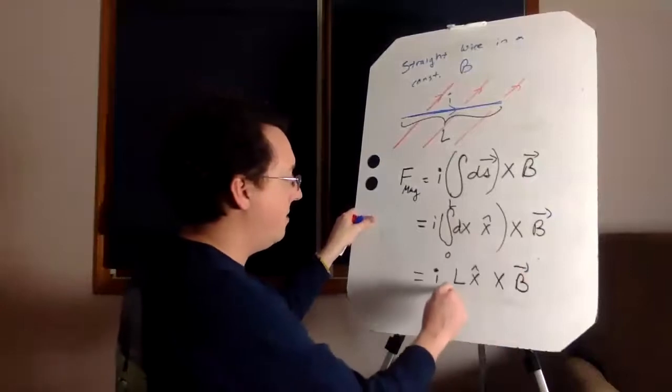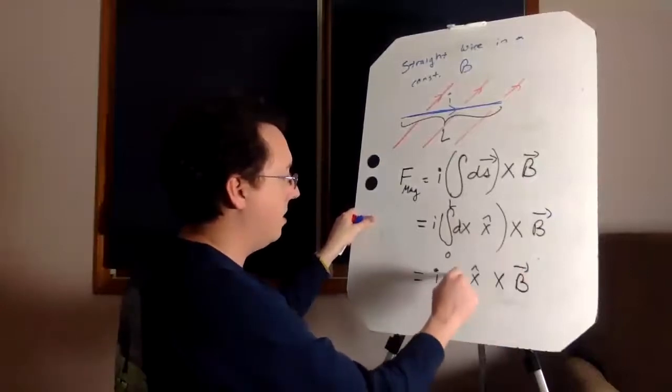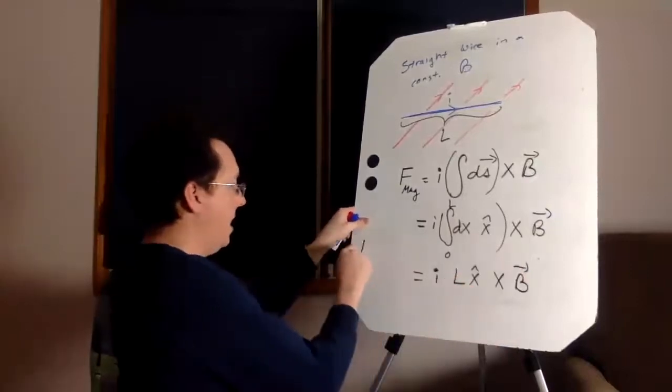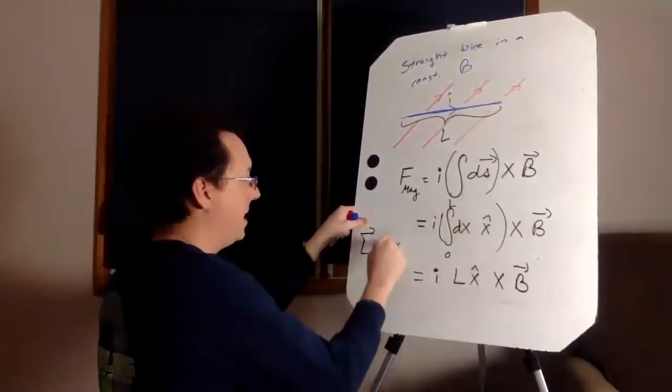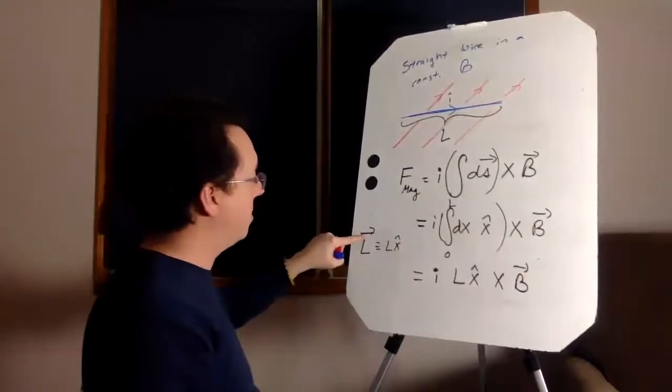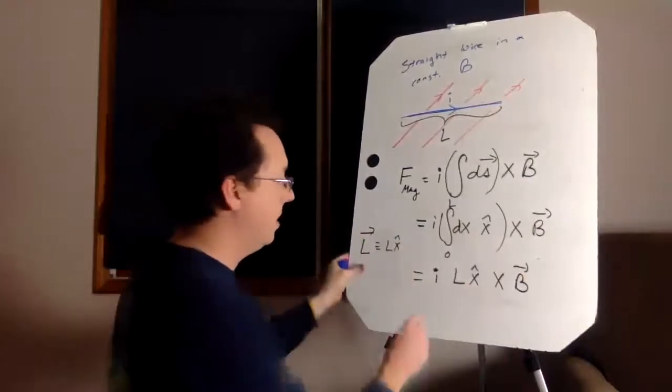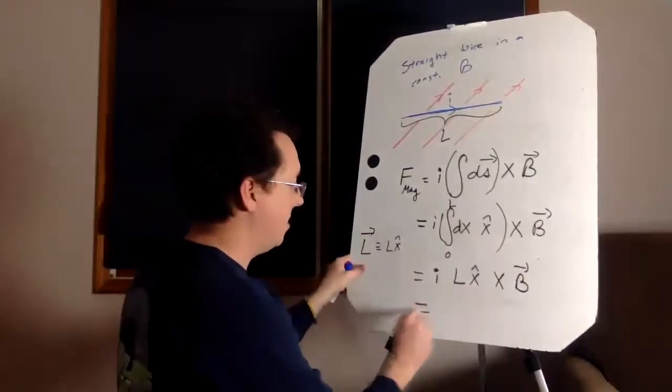And if we go ahead and define this quantity to be L vector, to be L times x hat, and it points in the direction of the current flow, positive current flow, then I can write this as our final result.